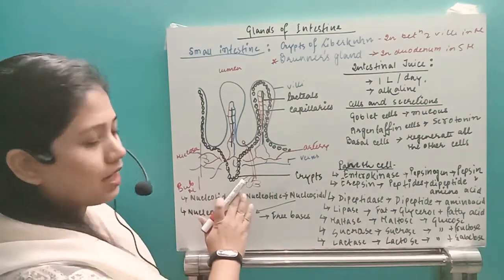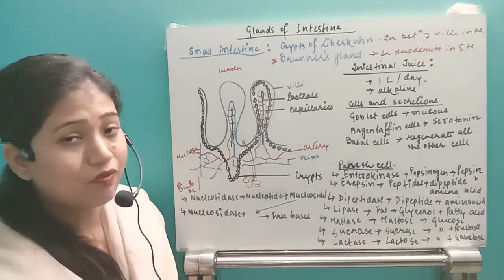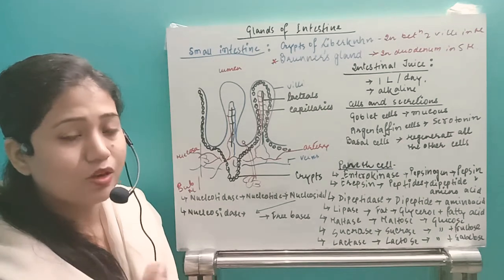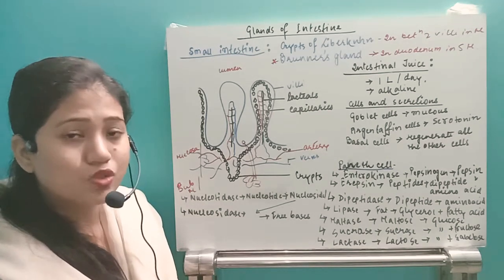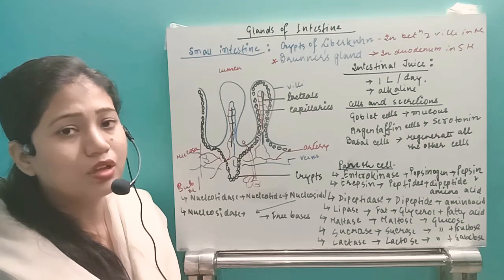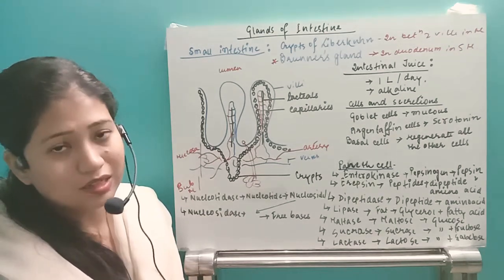So this is the diagram. This is the section of the small intestine where villi are present, and inside the villi the lymphatic vessels, the lacteals, absorb the food materials, and it will directly come back to the liver to be stored inside the liver.